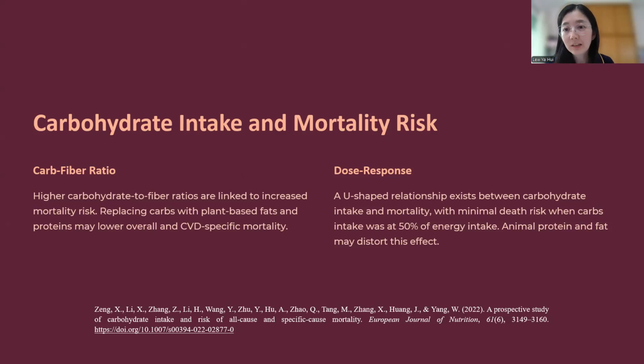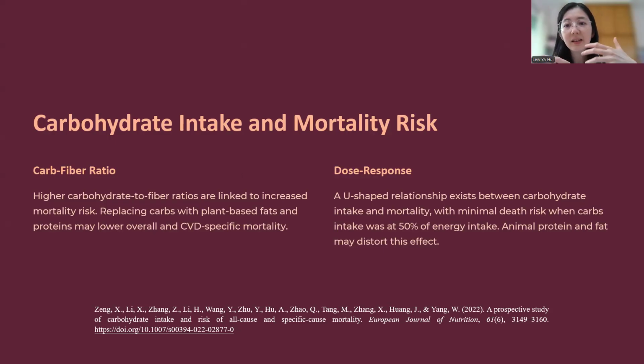Okay, so when looking at the different amounts of carbohydrate intake, the risk of death follows a U shape, meaning that very low or very high carb intake might be risky, while the lowest death risk was when carbs make up about 50% of our total energy intake.